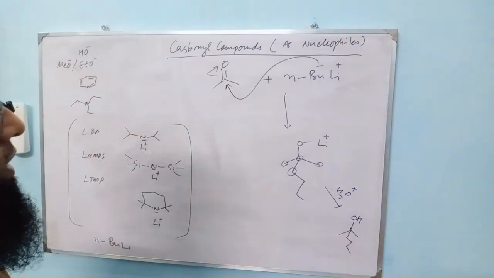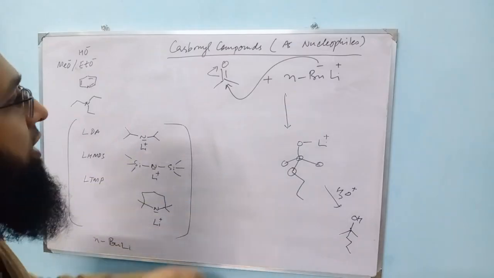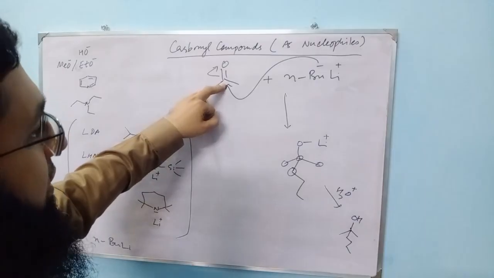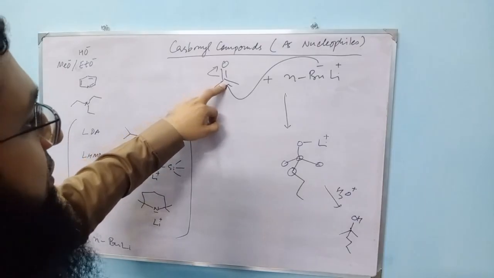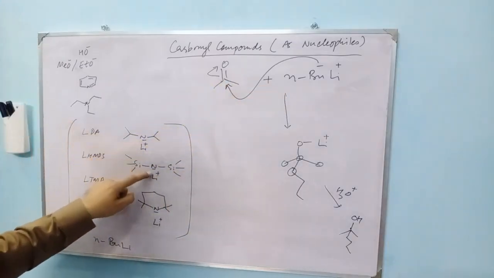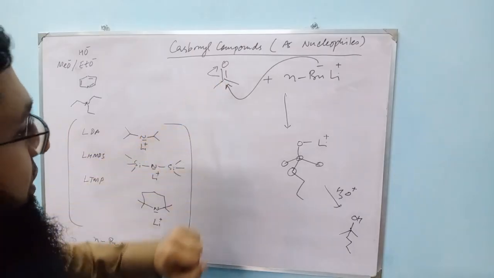So therefore N-butyl lithium cannot be used as a base because it can attack the carbonyl center and react as nucleophile rather than as a base, and that's why we need to make other strong bases which are sterically crowded or sterically hindered to protect them from nucleophilic addition reaction.